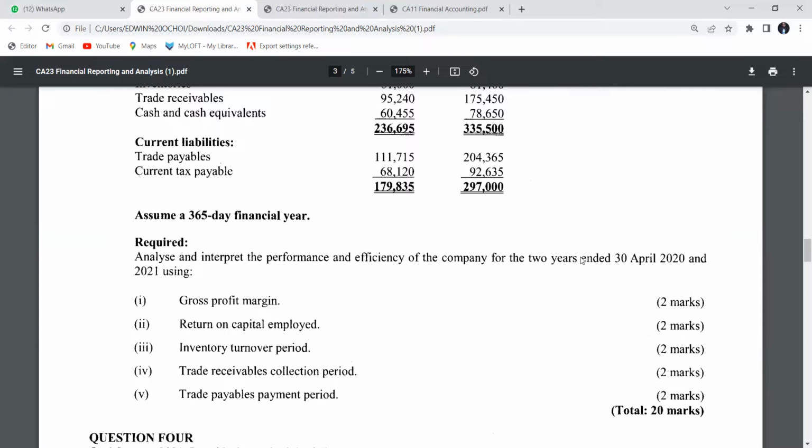Assume a 365-day financial year, analyze and interpret the performance and the position of the company for the 2 years ended 30th April 2020 and 2021. When doing the gross profit margin, you have to talk a bit about what you have done. The same with return on capital employed, inventory turnover period, trade receivable collection period, and trade payable payment period. Those are 5 ratios to be done. Let's do them.